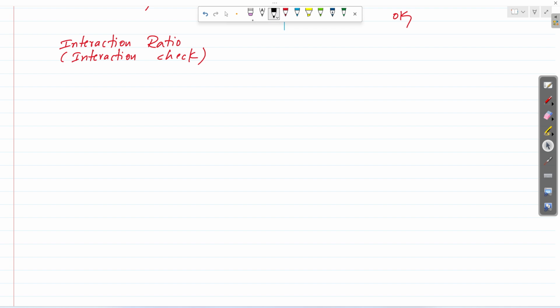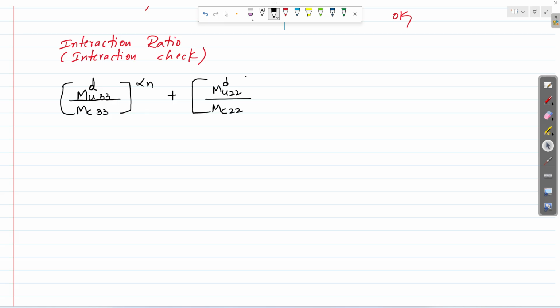We have the formula: Mu33, the design moment, divided by MC33, the capacity, to the power alpha n, plus Mu22, the design moment, divided by MC22, the capacity, to the power alpha n.